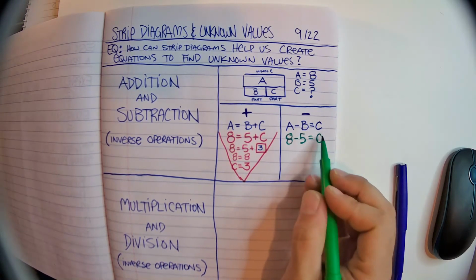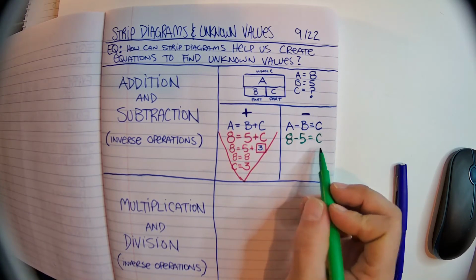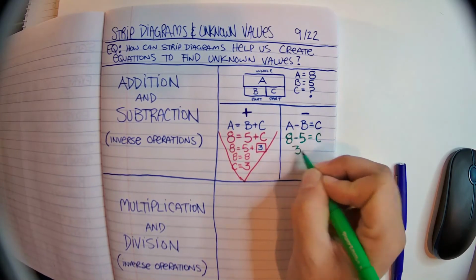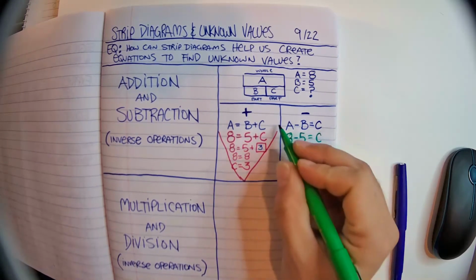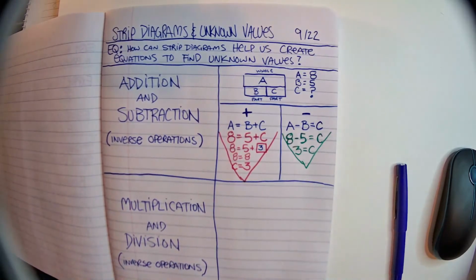The unknown value is all by itself on one side. So all we have to do is solve the other side, and that will tell us what the unknown value is. So 8 minus 5 is 3. Just like that. 3 equals C. So you can see it's a few less steps to get the same answer.